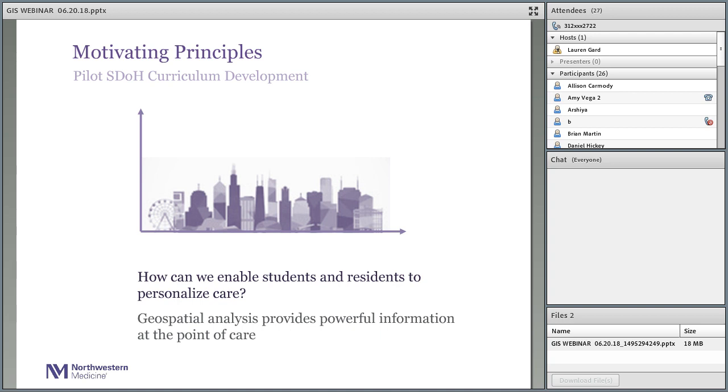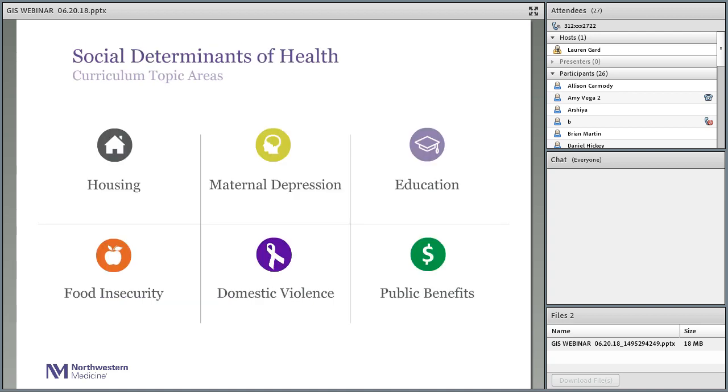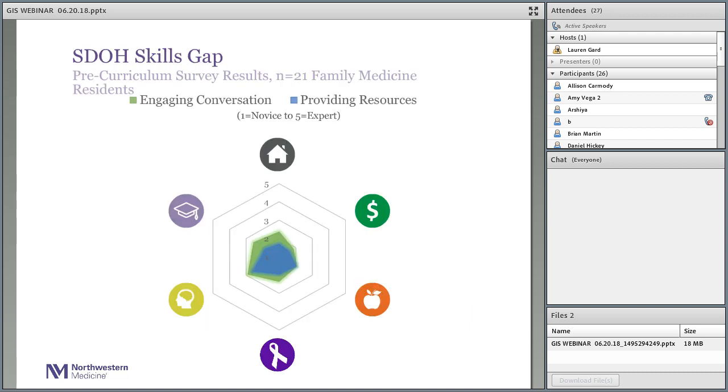Before we conducted this pilot project, we started by surveying our residents again. The survey was just done for the Family Medicine Residency Program at Lake Forest. We surveyed them about their knowledge and skills as it pertains to these particular social determinants of health domains. What we found was pretty interesting.